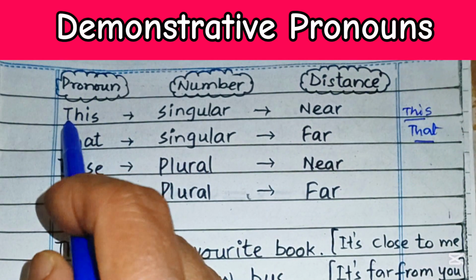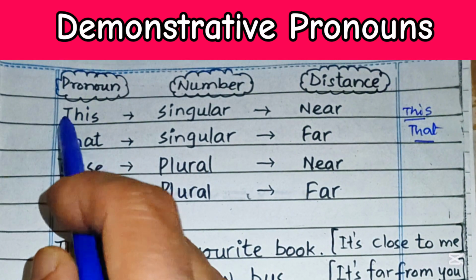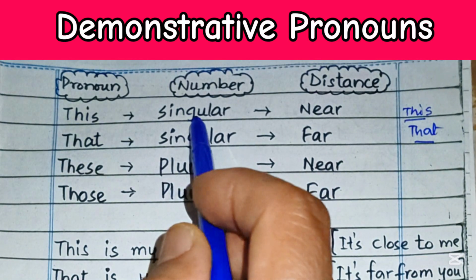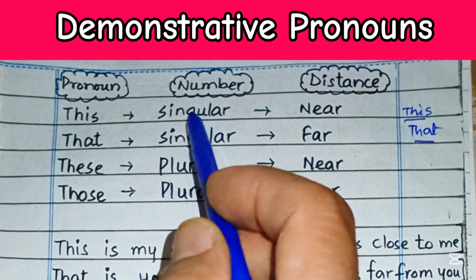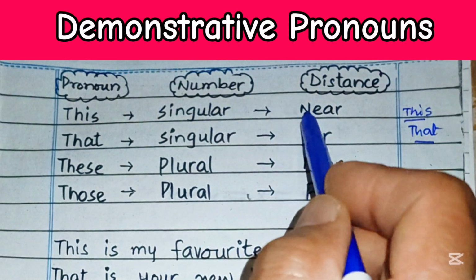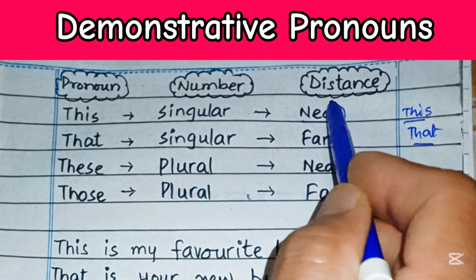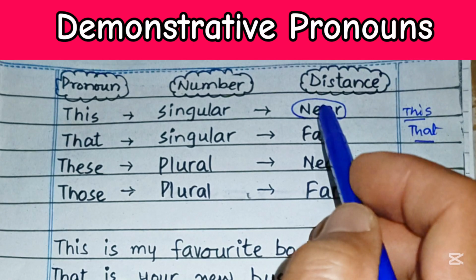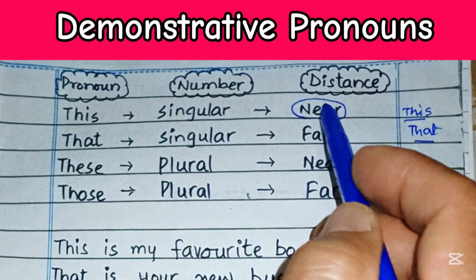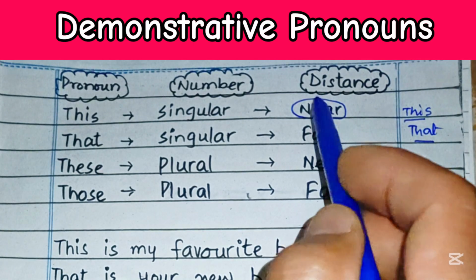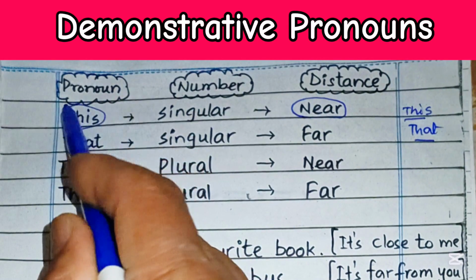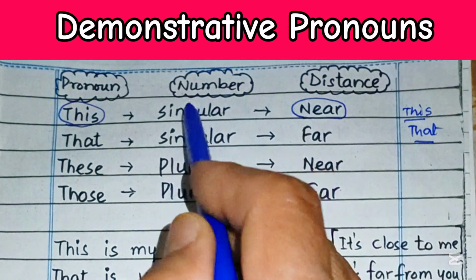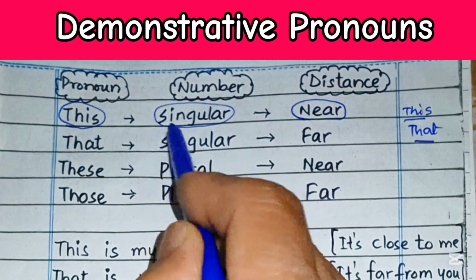So the demonstrative pronoun "this" is used for pointing to a singular thing, person or object, and that object should be near. It should not be far. It should be closer to the person who is pointing towards it.